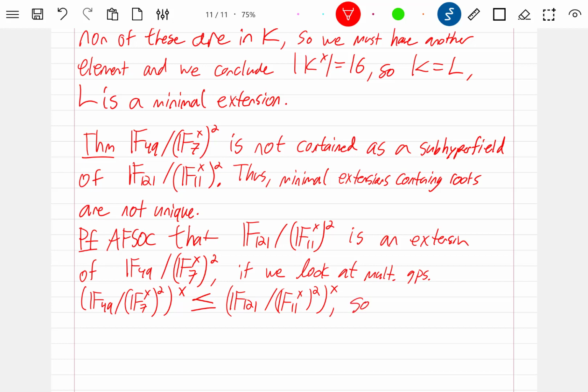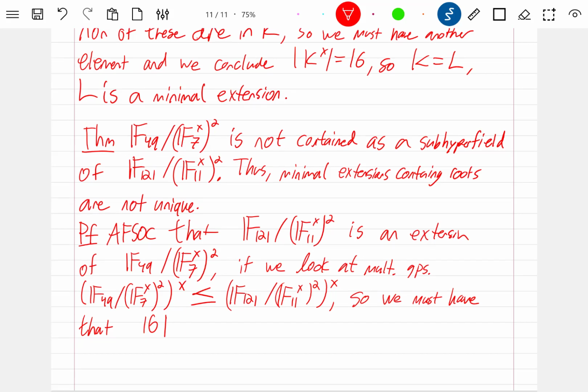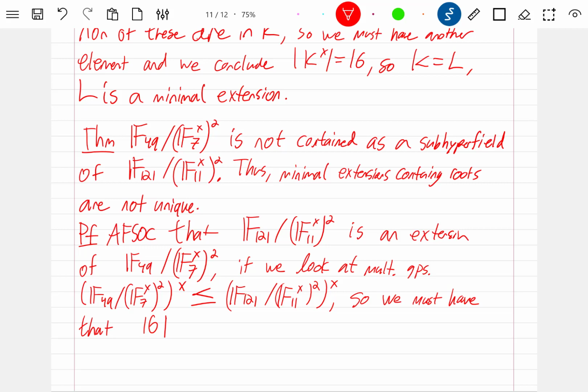So we can now count. What is the size? By Lagrange's theorem, we have this subgroup relation. The size of F49 mod the squares of F7 is 16. So 16 must divide the size of F121 mod the squares of F11.